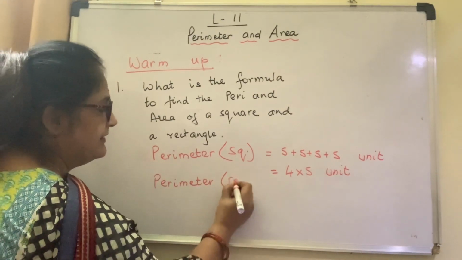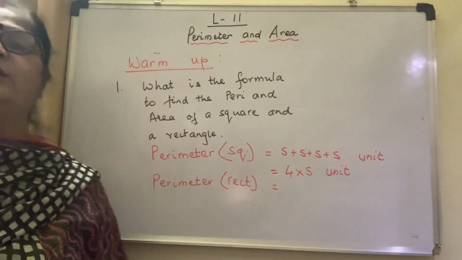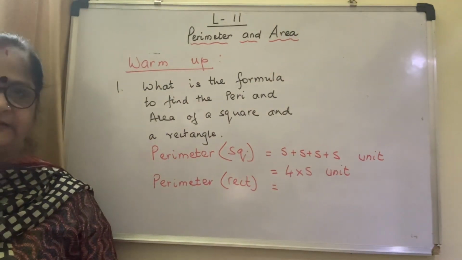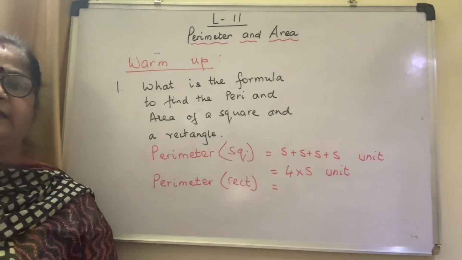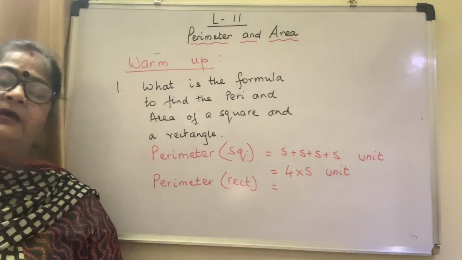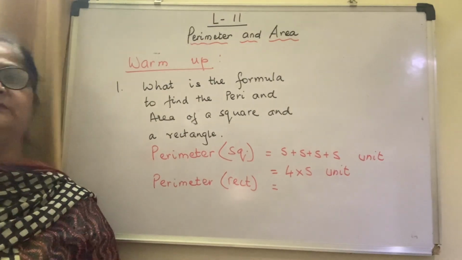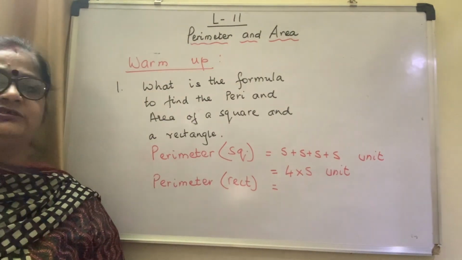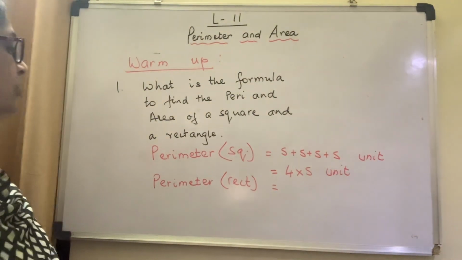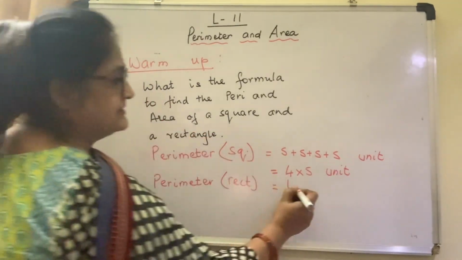Perimeter of a rectangle is also the total or the sum of the sides of a rectangle. The sides of a rectangle are not equal. Only opposite sides are equal. So, the side which is long is known as the length. The side which is short is known as the breadth. Okay. So, to find the perimeter of a rectangle, it is again total. Total means addition.